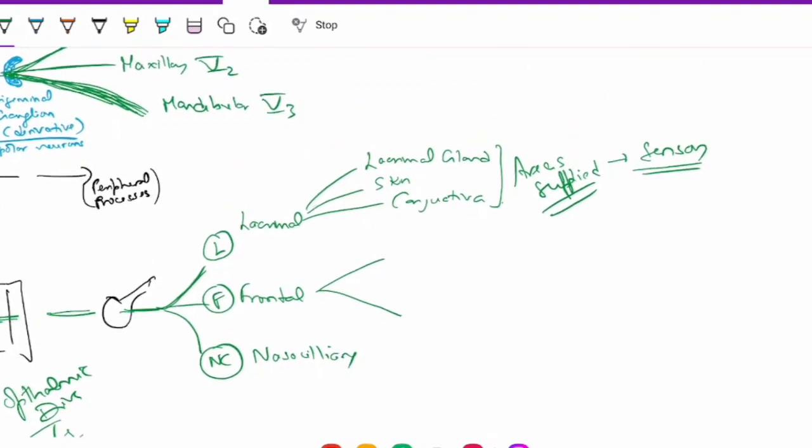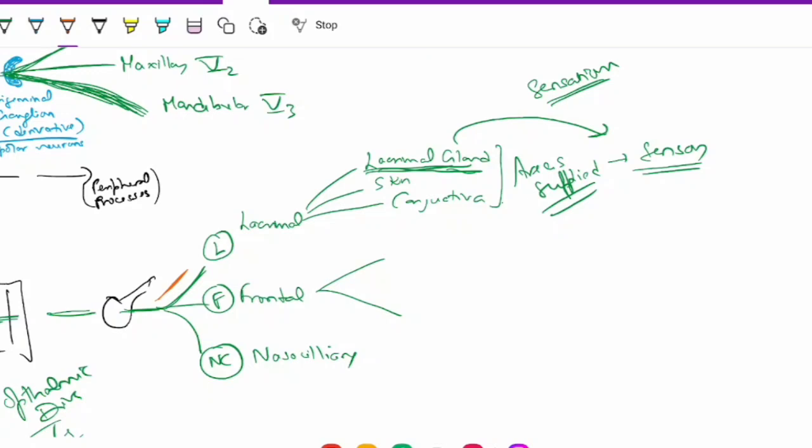Now note one thing over here. When the lacrimal nerve supplies the lacrimal gland, it is doing sensory supply, that is, it is receiving sensations from the lacrimal gland. It is not ordering the lacrimal gland to secrete tears, but the fibers responsible for secretion travel along with the lacrimal nerve only. They travel along with it, but they relay their order separately from the main lacrimal nerve.